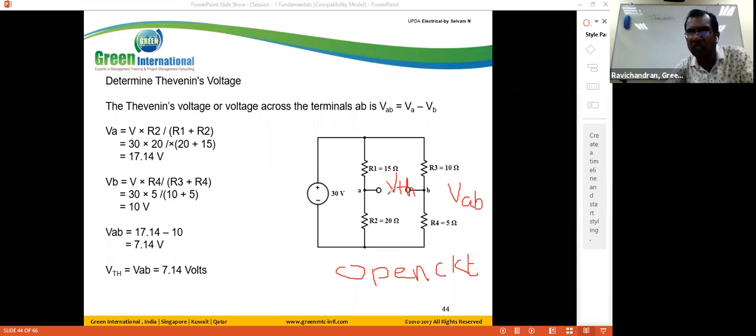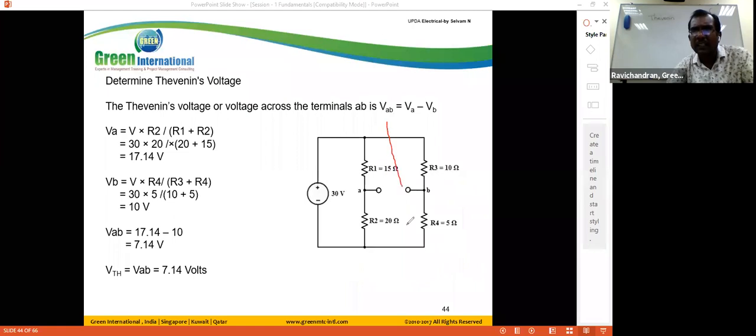Okay. Now we come to the point. VTH is equal to the voltage between the points A and B. So first we find VA.